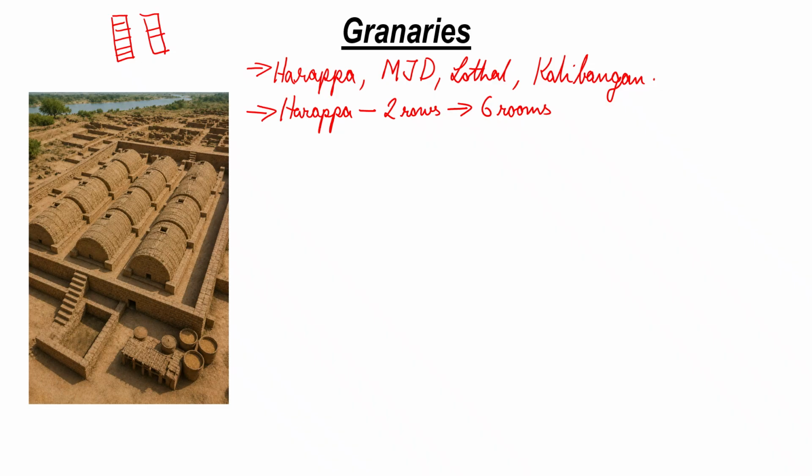I don't know if I am drawing 6, but like this. So 2 rows with 6 rooms for proper air circulation. There used to be narrow passage within the rooms also, and there was a working floor in the south of the granary.